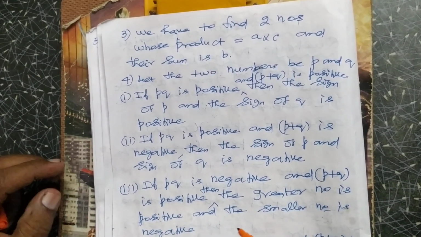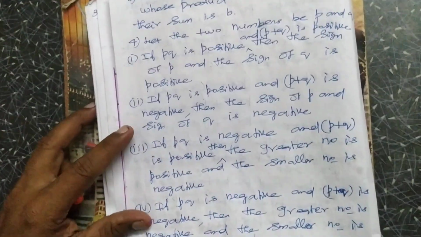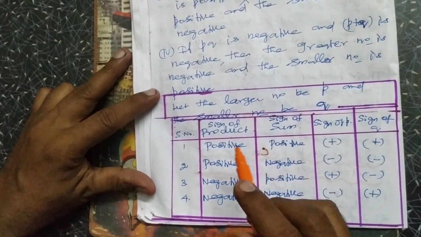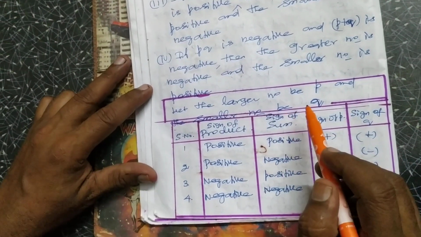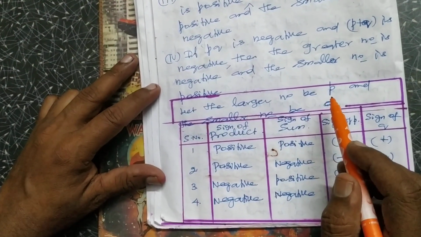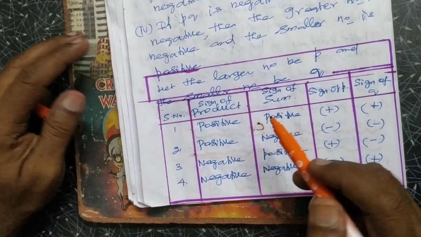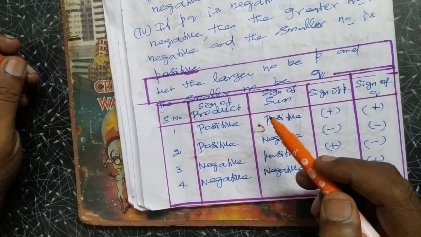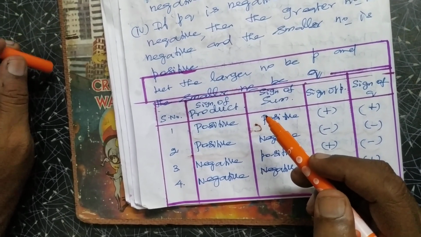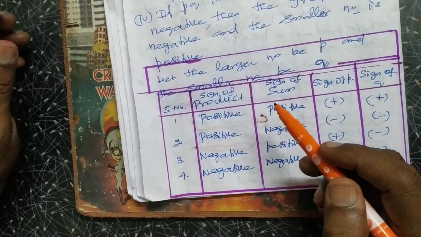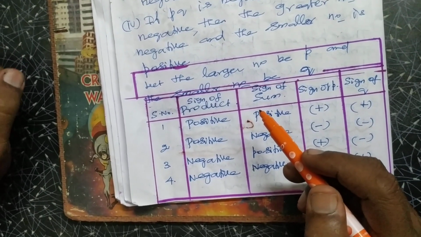Then there are 4 cases. For two numbers, one number will be larger, one number will be smaller. Okay, there are 4 golden rules. If the product is positive, both numbers will be positive.